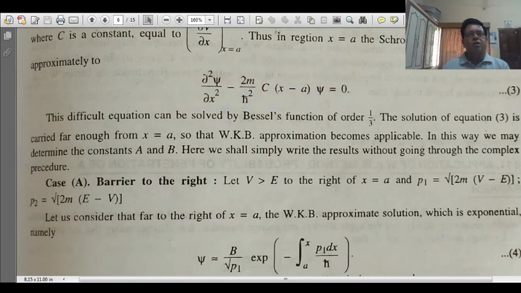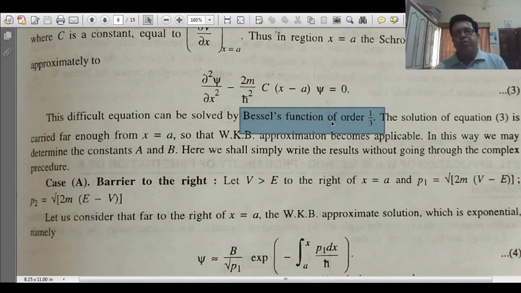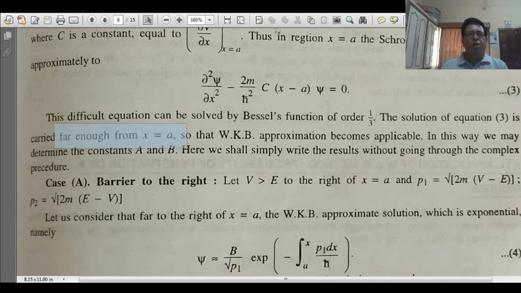Now, this is a difficult equation and it can be solved using Bessel functions of order 1 by 3. The solution of this equation is carried out far enough from x equal to a.